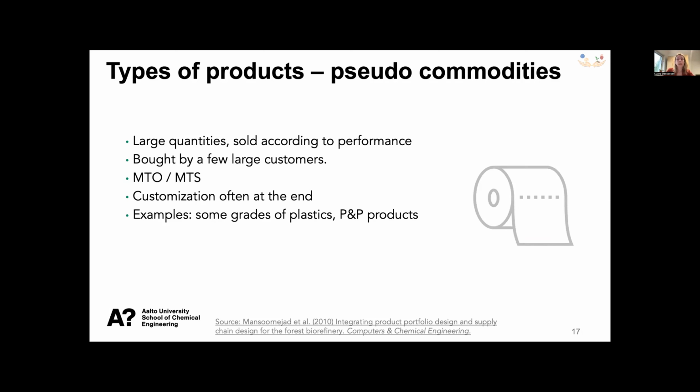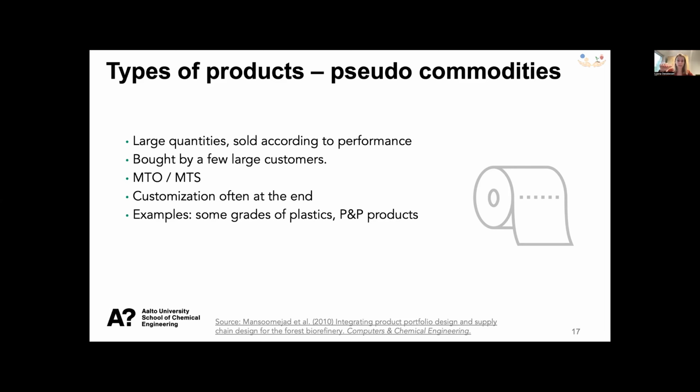Then if we think about the pseudo commodities, and here I have a roll of toilet paper, it's large quantities as well as commodities, but they're sold according to performance. To some extent, the different layers, or the thickness or the different characteristics, are made specific for different types of consumers and markets.